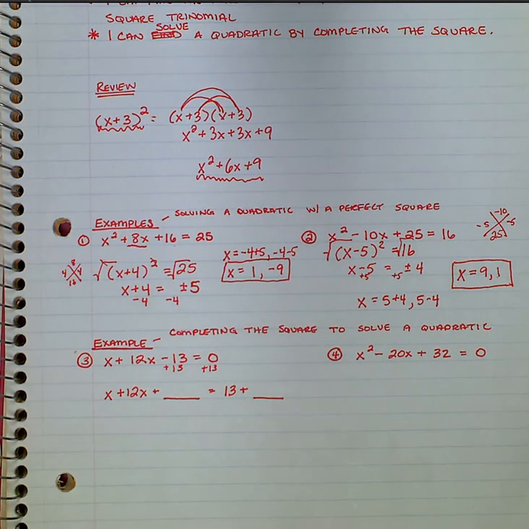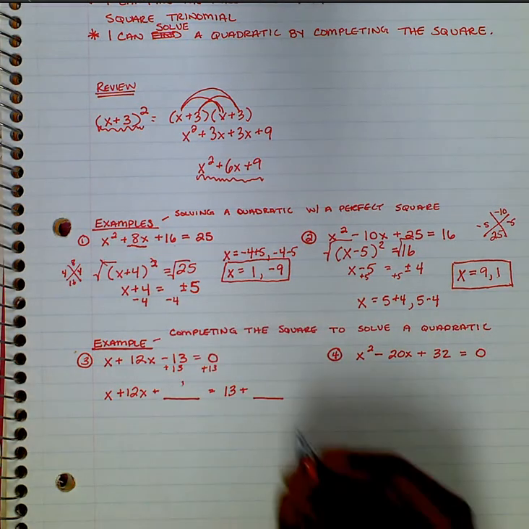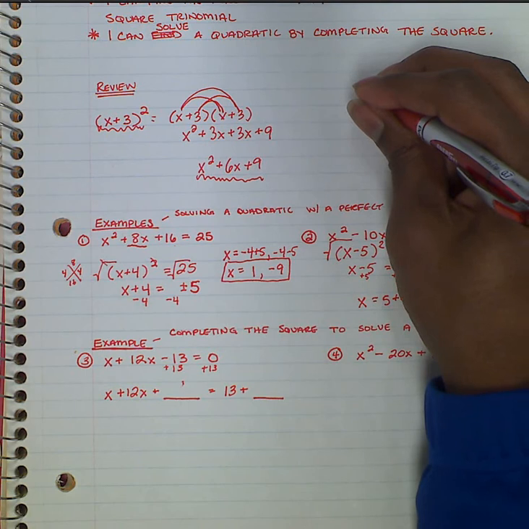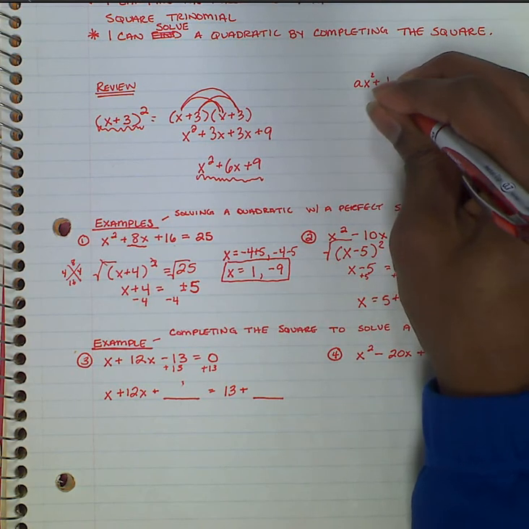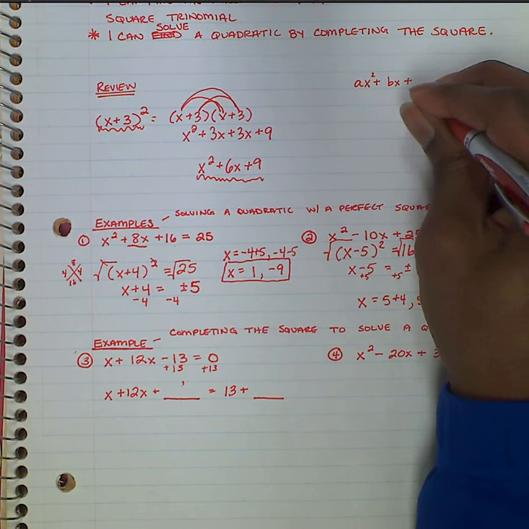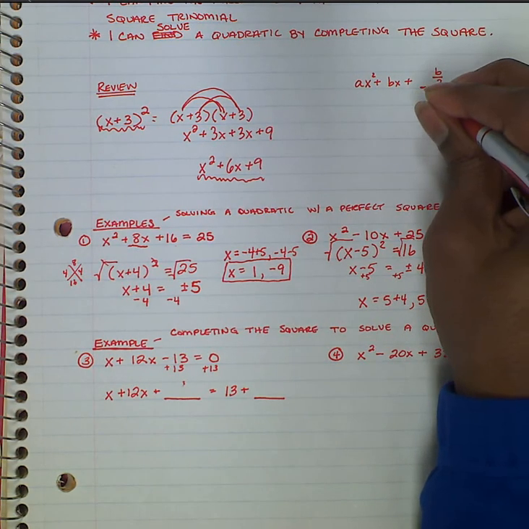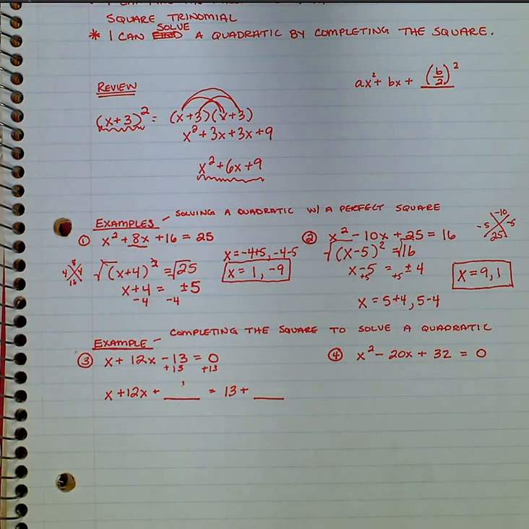Alright, now this is how we'll find this number. For x squared plus bx plus, this number will always be b over 2 squared. It's going to always be b over 2 squared.